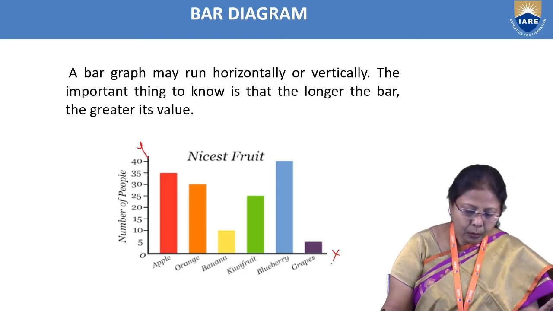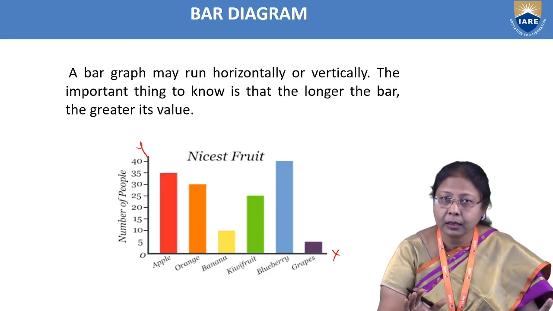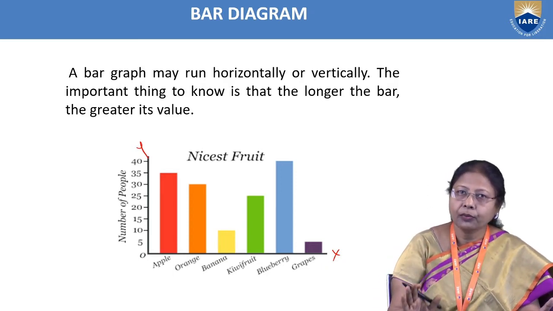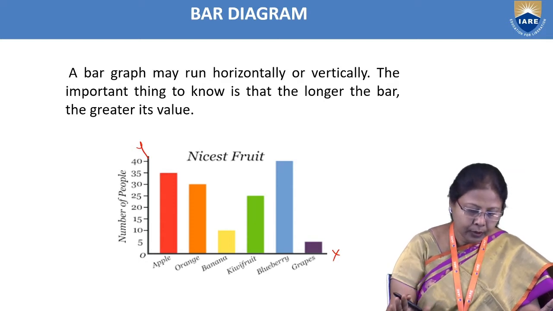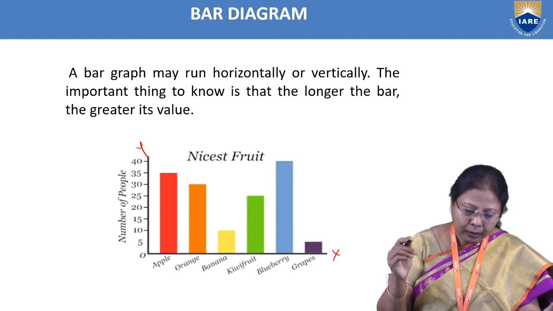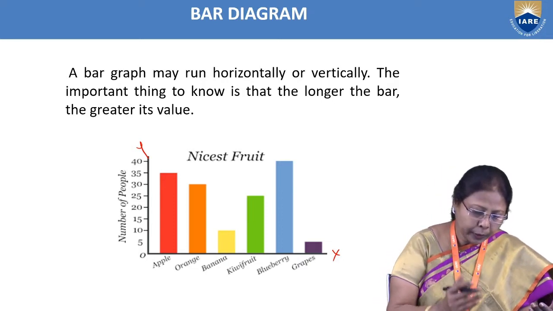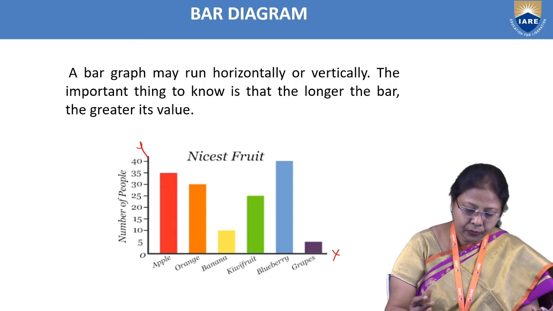On the x-axis, see here in this picture, this bar diagram is about the consumption of fruits. On the x-axis I have given different types of fruits like apple, orange, banana, kiwi fruit, blueberry, and grapes. So how many people consume these fruits?